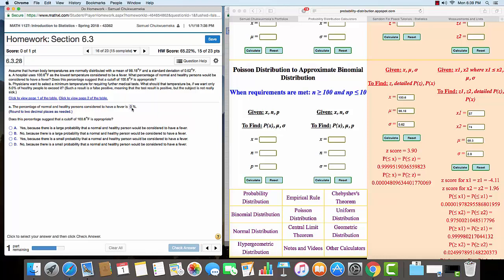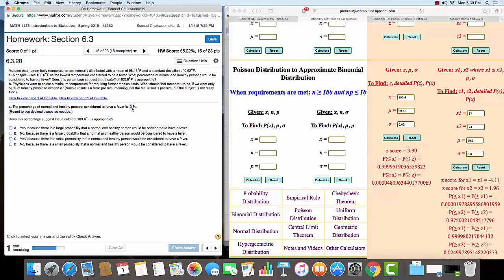As you can see in this question, if they are normal and healthy persons, the first thing that should come to your mind is that these people are normal and healthy, so that tells you that they don't have fever.